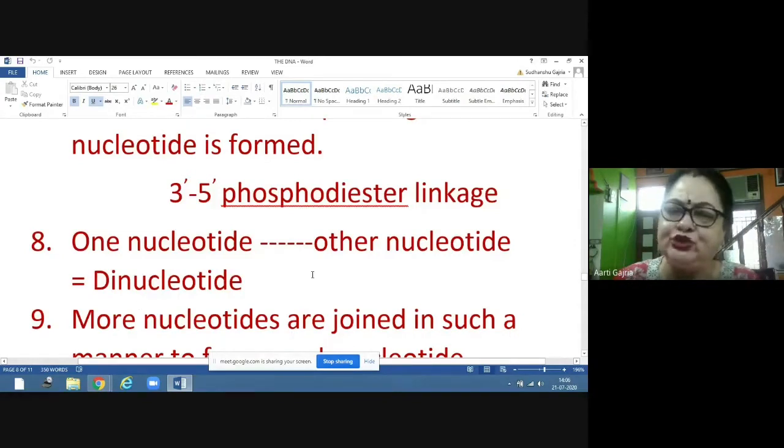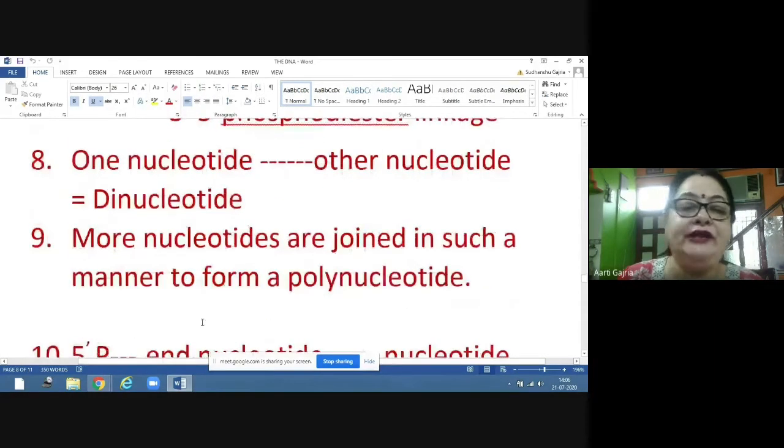Di means two. Di, tri, tetra, penta, hexa, hepta, octa. These are terms we use in chemistry as well. Now more nucleotides are joined in such a manner to form a polynucleotide, that is our DNA.